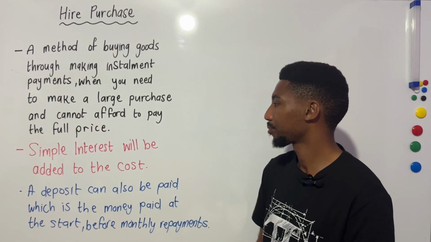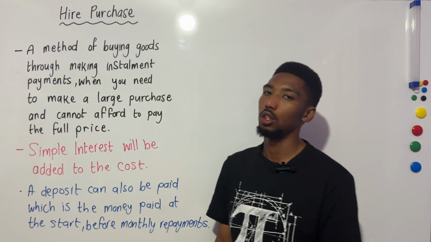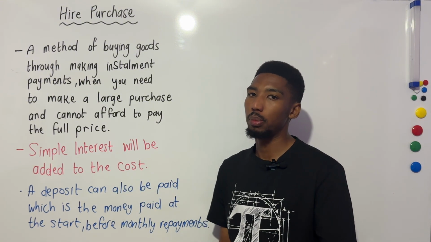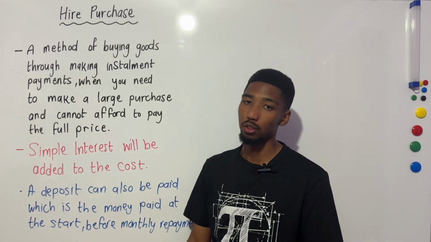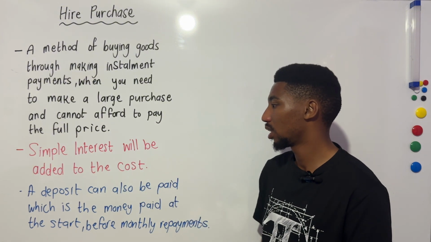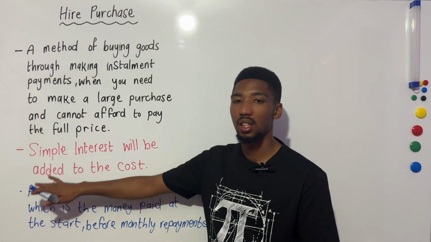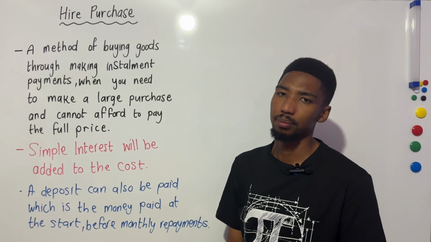Now, very important, simple interest will be added to the cost. So I'm not going to pay 1,000 rand every month up to the 20,000 rand for my TV. There will be extra cost, which is the simple interest that will be added to the 20,000.